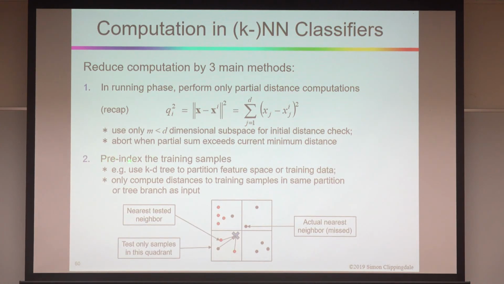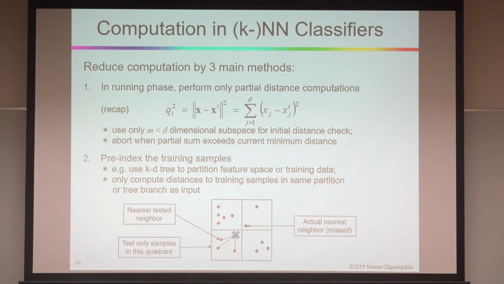Another way of reducing the computation is to pre-index your training samples, for example, by partitioning the feature space or the training data. If your input vector is this blue cross here, you might reduce the computation by only testing samples within this quadrant that it fell in, so you don't have to do all the computation for these other training data.